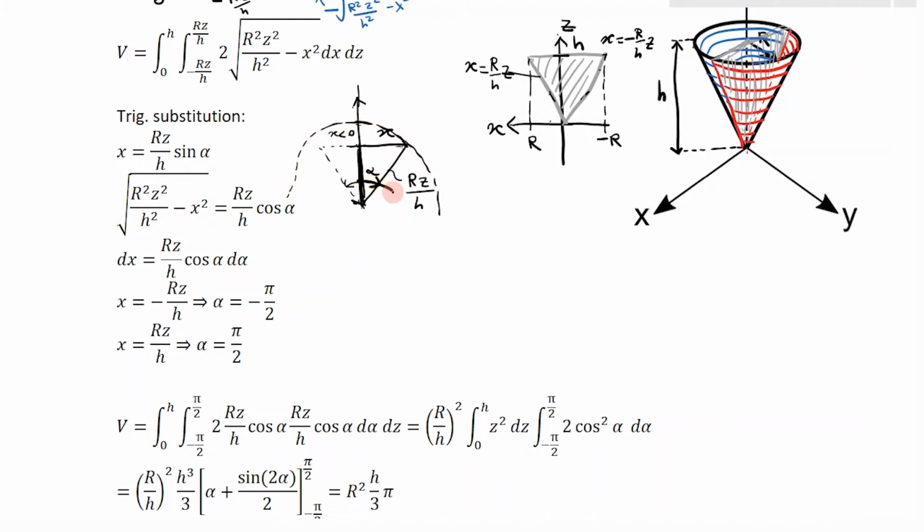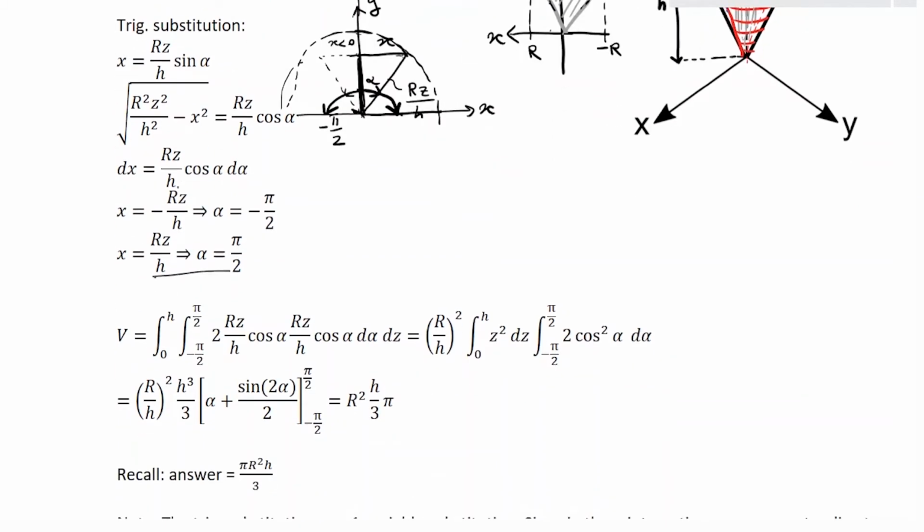If alpha is all the way here, then x equals rz over h. This is the case alpha equals pi over 2. For x to be negative rz over h, we need alpha to be negative pi over 2. Let me show this. This would be kind of like the x-axis, and this, well, it's the y-axis, but it's not like this axis. I'm just using this picture to do the trig substitution.